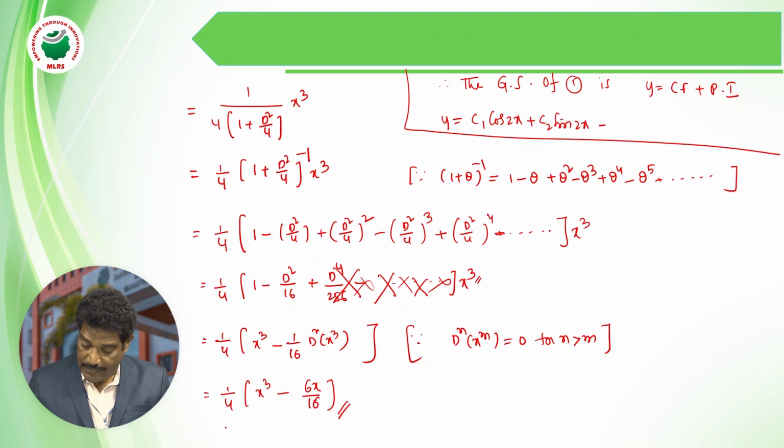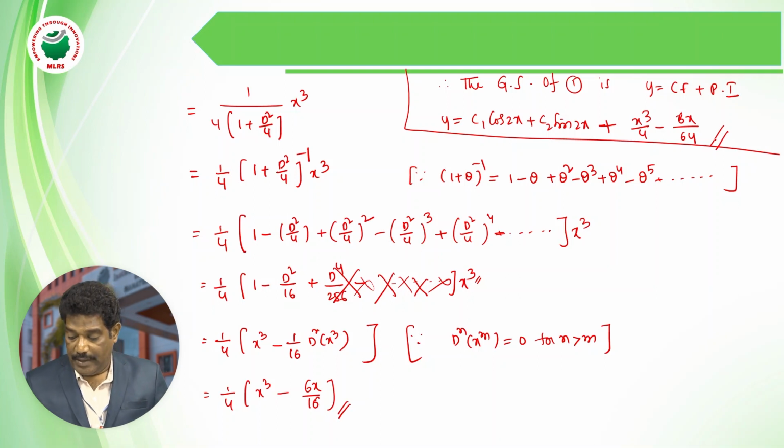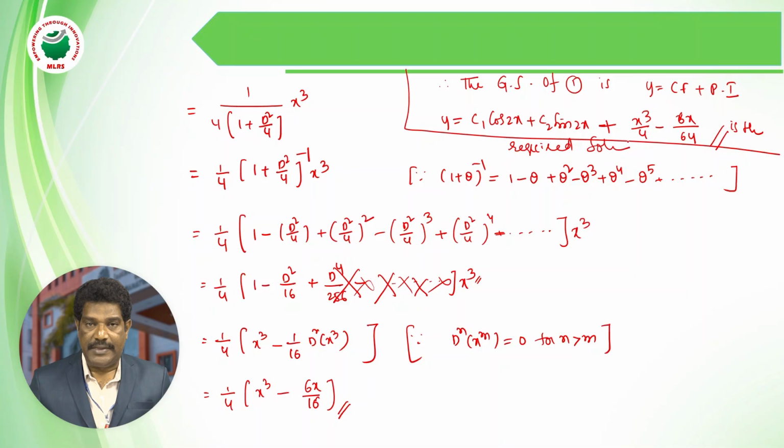Next, PI will be 1 by 4 into x cube minus 6x by 16. So you can write x cube by 4 minus 6x by 64. Any cancellations you can cancel and put the same. This is the required solution, where C1 and C2 are arbitrary constants.